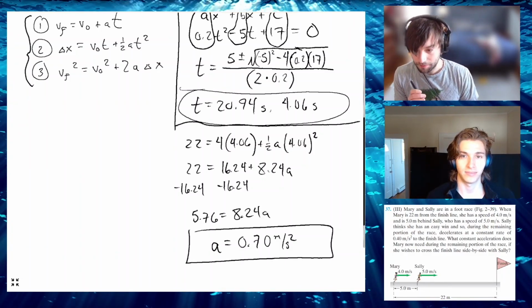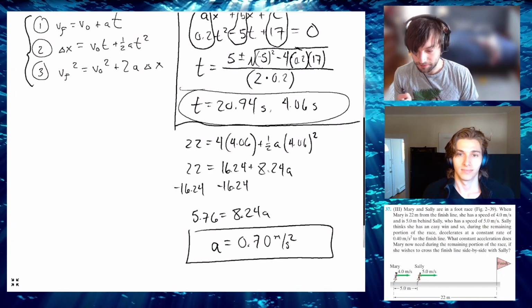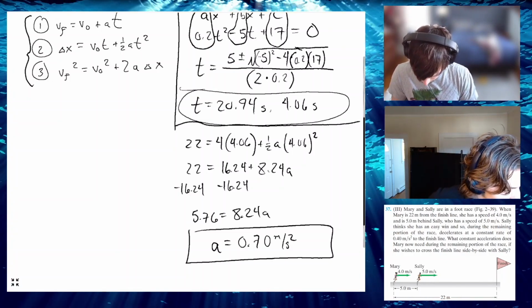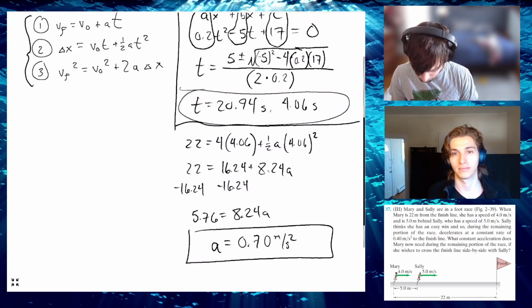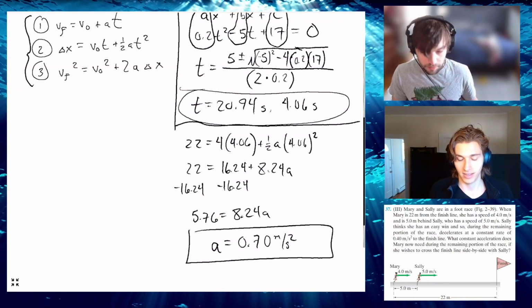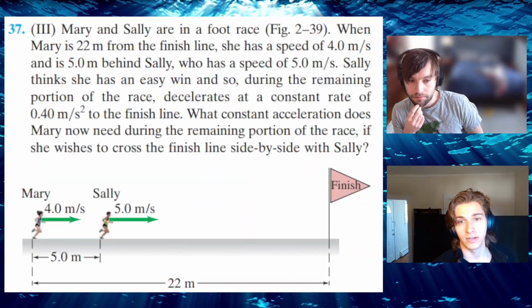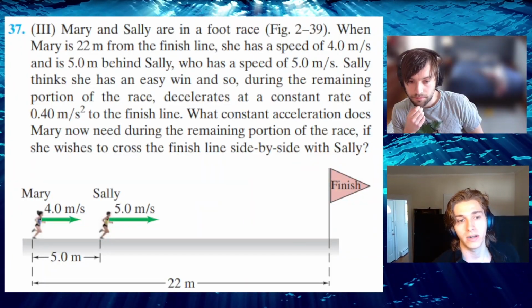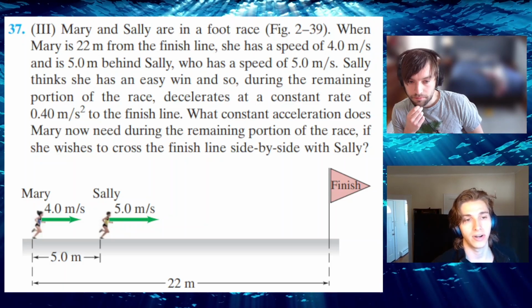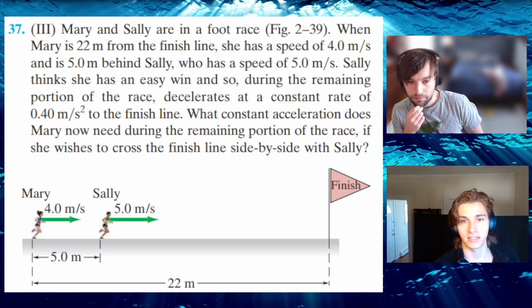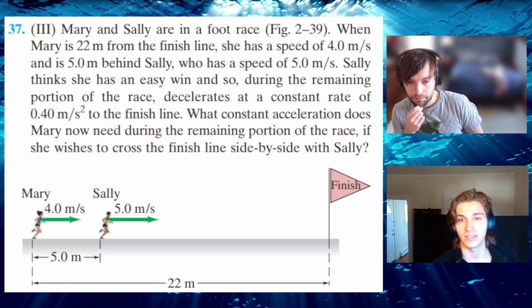You rounded up after 0.69? Exactly, because I got 0.699. Yeah, that's what I got too. Perfect. Yeah, and that's our acceleration. So Mary has to accelerate at 0.7 meters per second squared to catch Sally, who is decelerating at 0.4 meters per second squared by the time they get to the finish line.